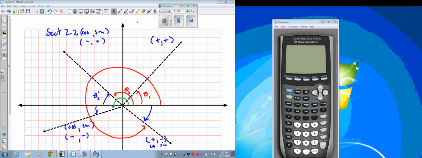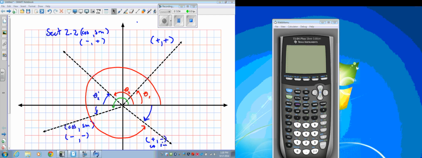Like if you had 700 degrees, you'd want to find its coterminal angle in the first 360 degrees. So you'd subtract 360 from 700 until you get an angle between 0 and 360. Then you can figure out which quadrant you're in, and then which one's your reference angle. Does that make sense?